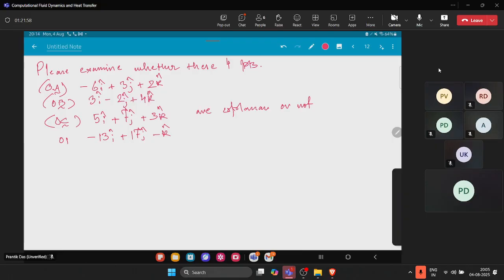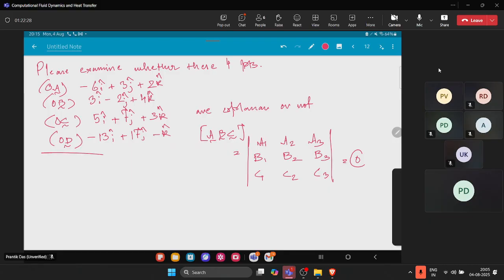You have to find whether they are coplanar or not, so you find the scalar triple product between them, that is the box product. If this is A vector, B vector, and C vector, the box product is the determinant with rows A1, A2, A3, B1, B2, B3, and C1, C2, C3, and this should be equal to 0. This thing you have to prove.